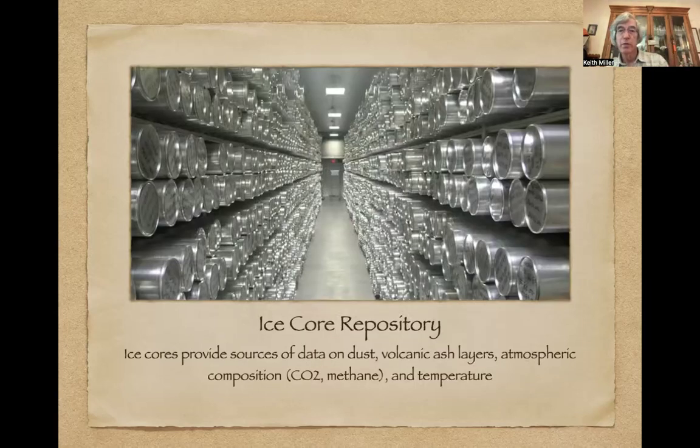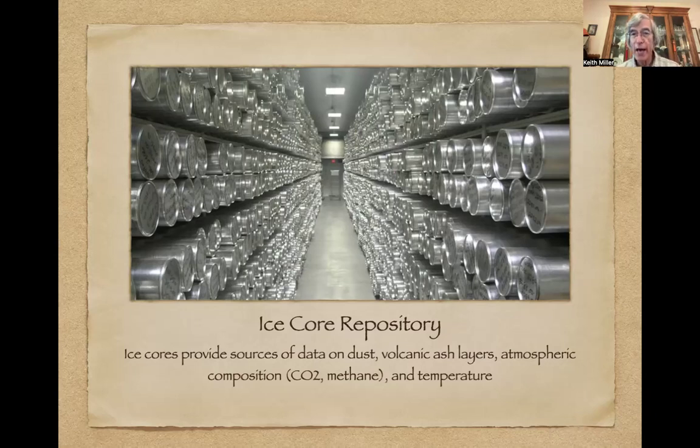And the cores, whether they're from Antarctica or Greenland or elsewhere, once they're drilled, they're stored and kept in very cold repositories. One of the largest is actually in Colorado. And all these tubes are ice cores.